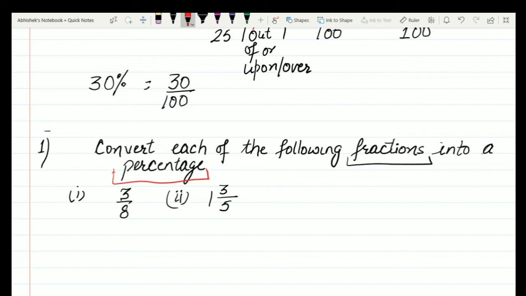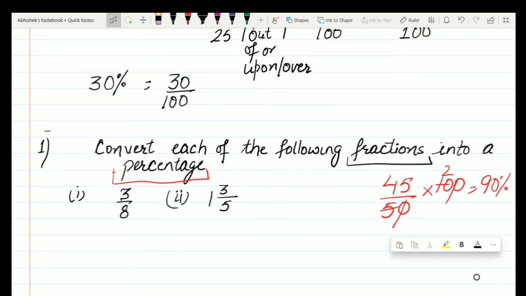Normally, in each and every class, when you get marks in a test or exam, you always find out the percentage. Suppose you get 45 marks out of 50 and you want to convert this into a percentage. To convert this into percentage, we multiply by 100. So it is equal to 90%.